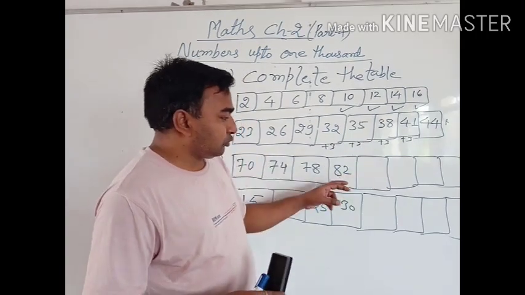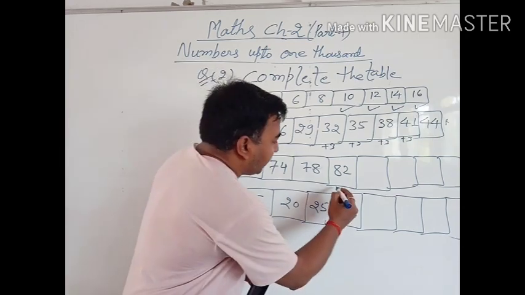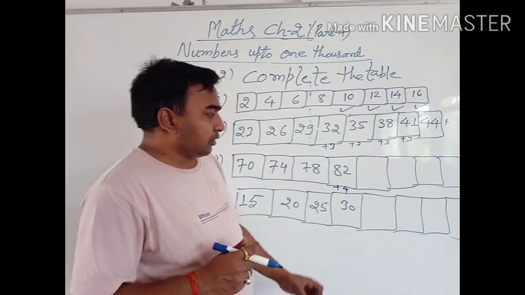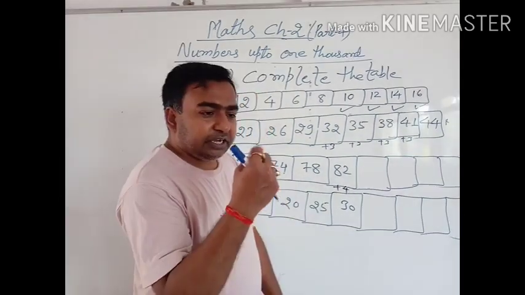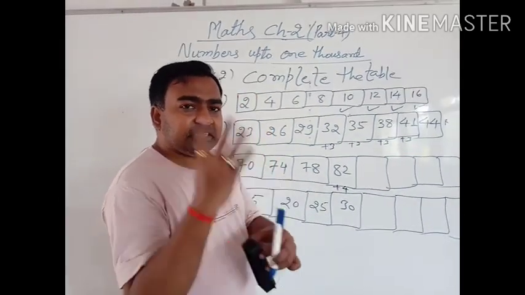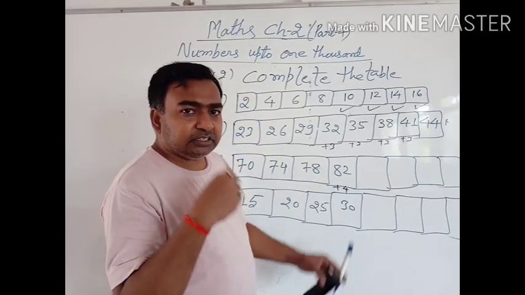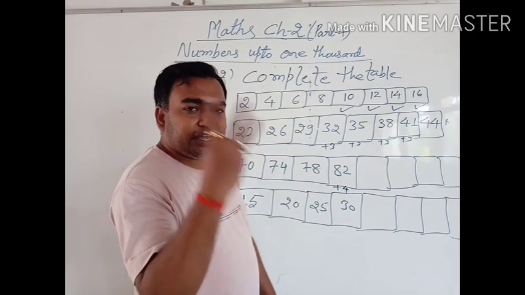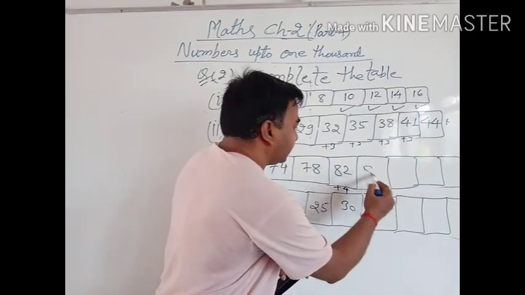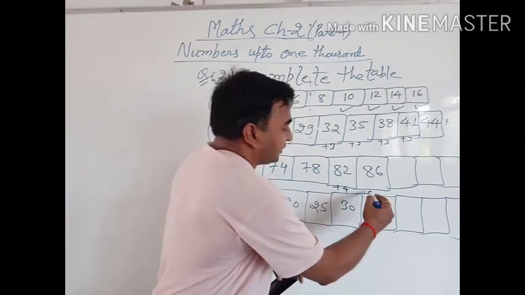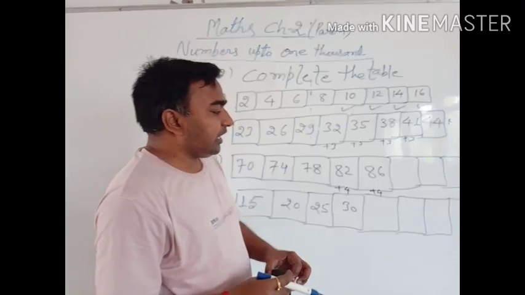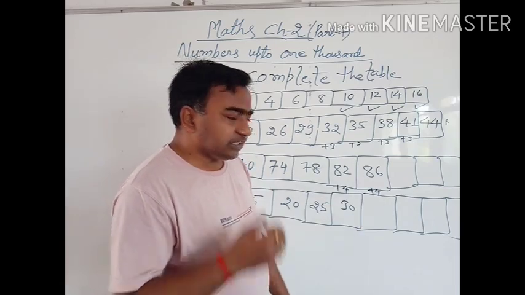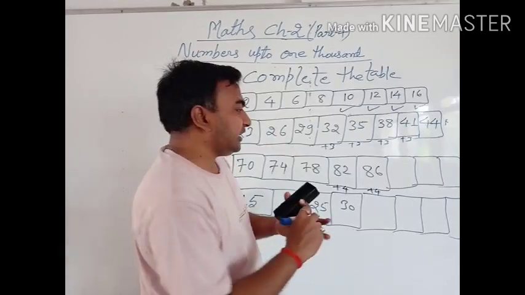When we add 4 to 82, which number do we find? 83, 84, 85, 86. Once again, when we add 4 to 86: 87, 88, 89, 90.